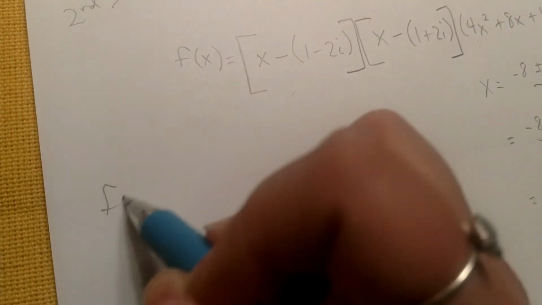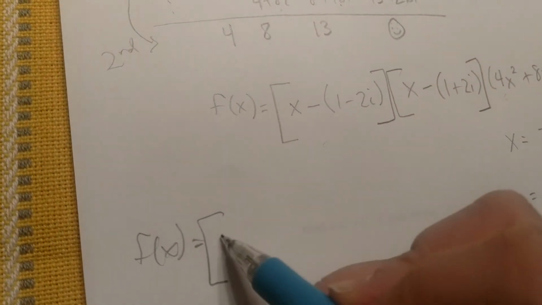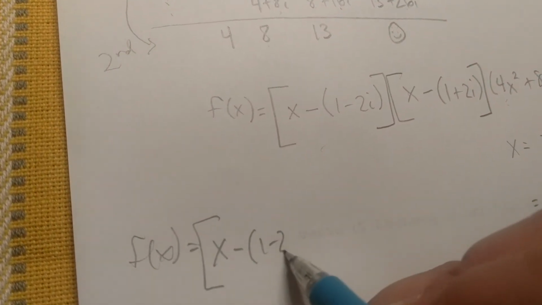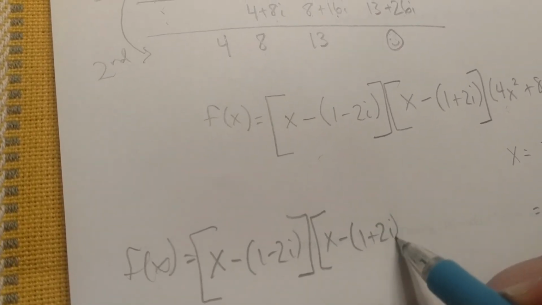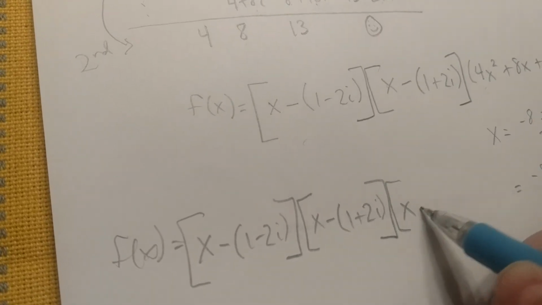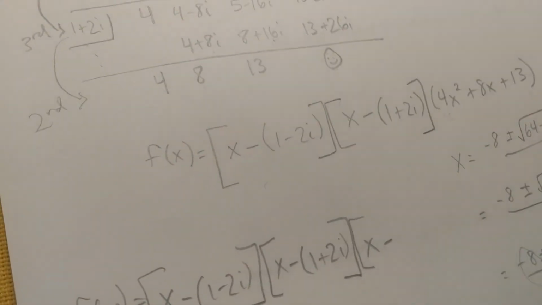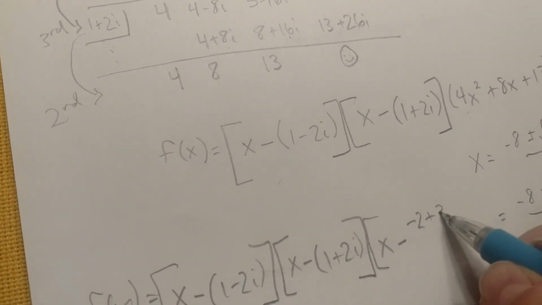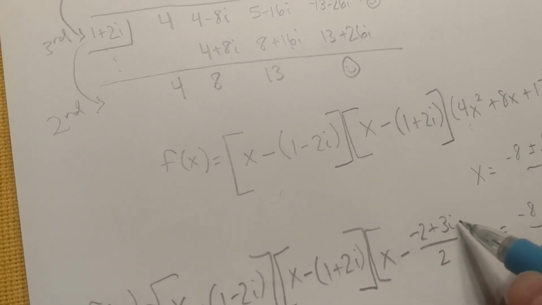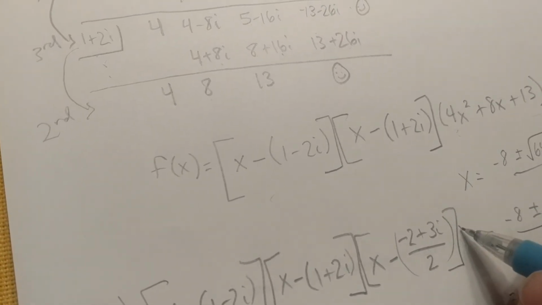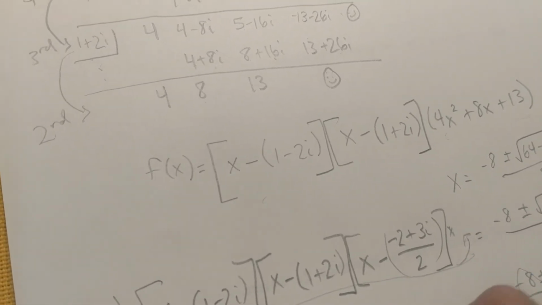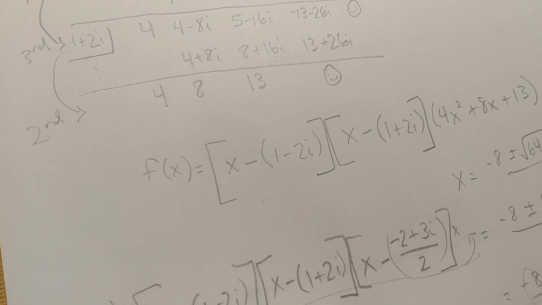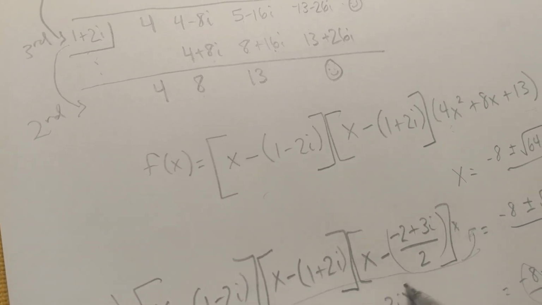Again, it follows the same idea. f of x is equal to, parentheses or brackets, x minus 1 minus 2i, times x minus 1 plus 2i. Then we have x minus, and then one of my zeros is going to be negative 2 plus 3i all over 2, times, and it really should be over here, x minus negative 2 minus 3i all over 2.